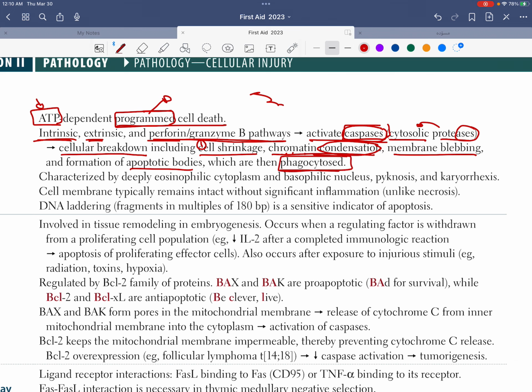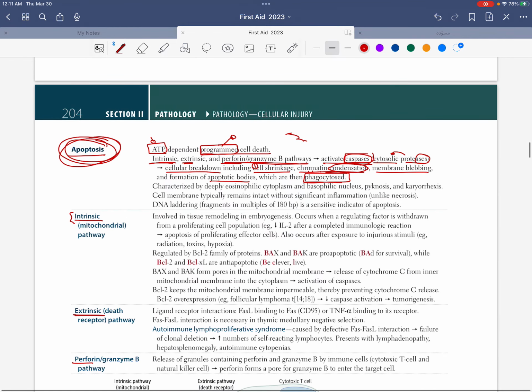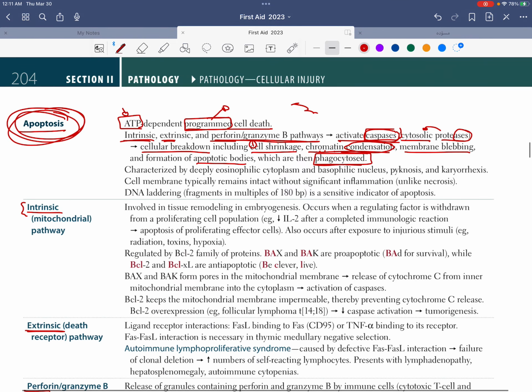The phagocytes are going to come to this dead cell and eat it up, separate it into parts and then eat that cellular debris. This process of apoptosis is characterized by deeply eosinophilic cytoplasm and basophilic nucleus, pyknosis, and karyorrhexis.